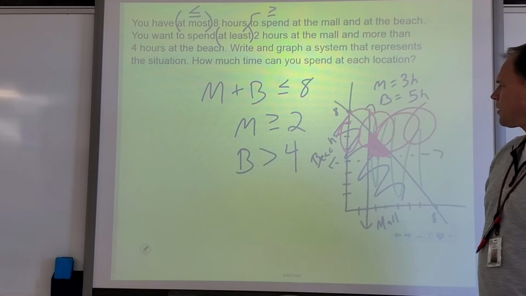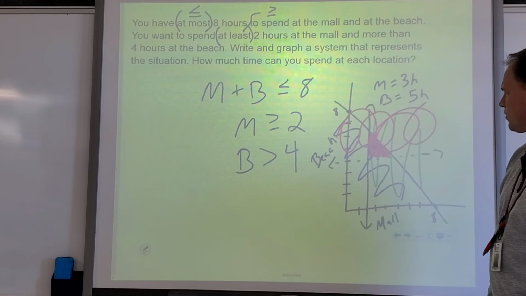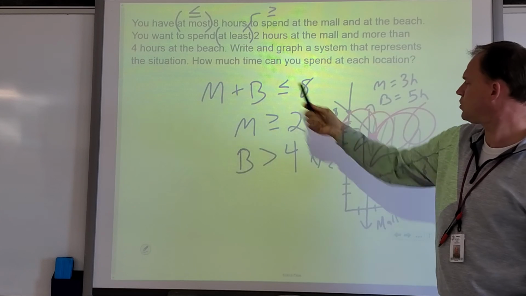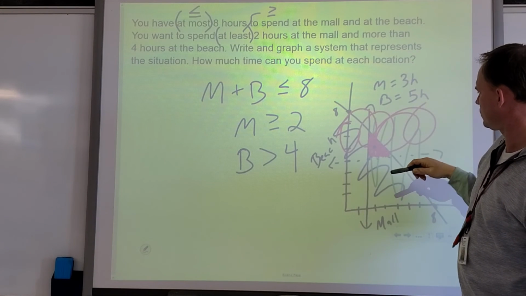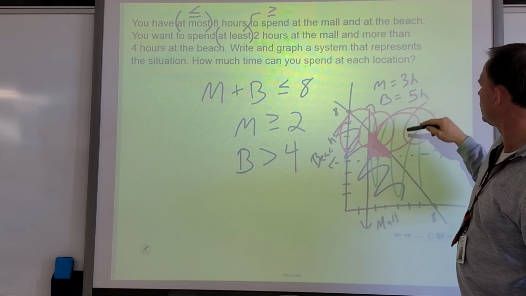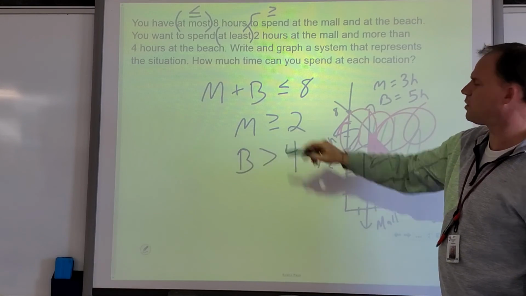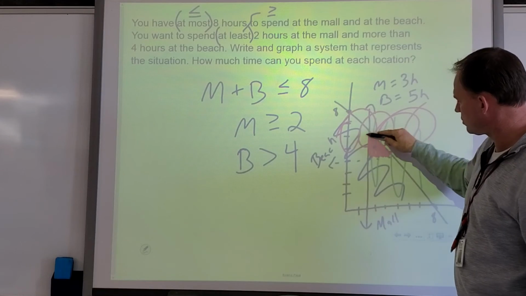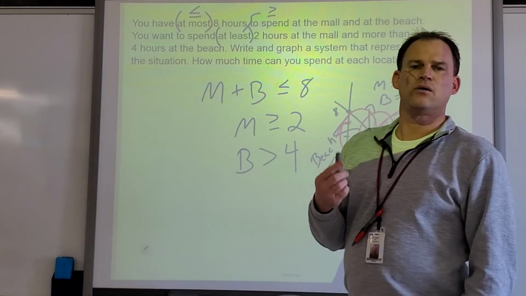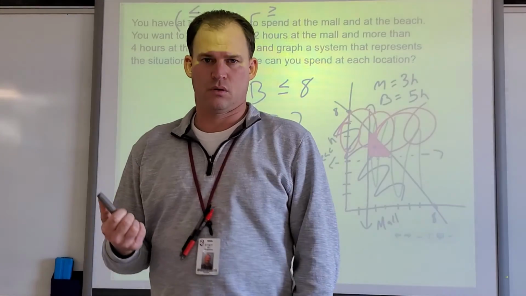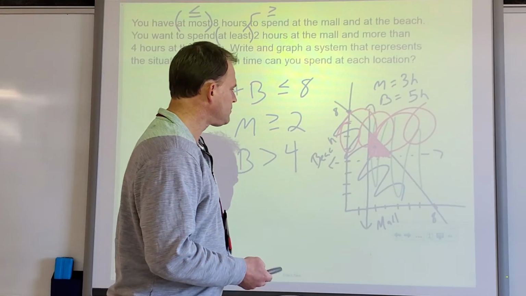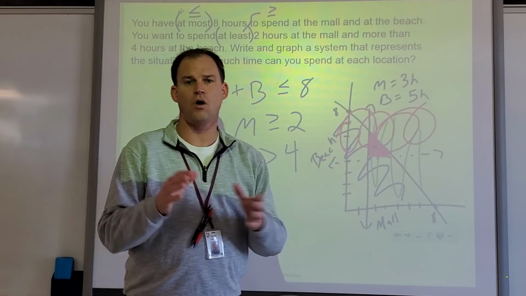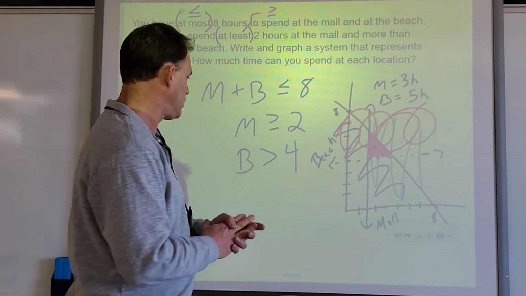That point right there. Because that gives me my 8 hours total, because I can be equal to. That gives me more than 4 and more than 2. So there, by using the shaded region, I found an acceptable answer. All right, so we have 3 graphs on the same thing, and you find where all 3 overlap.